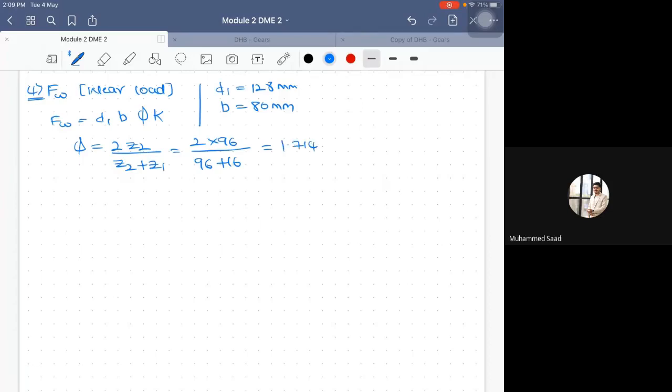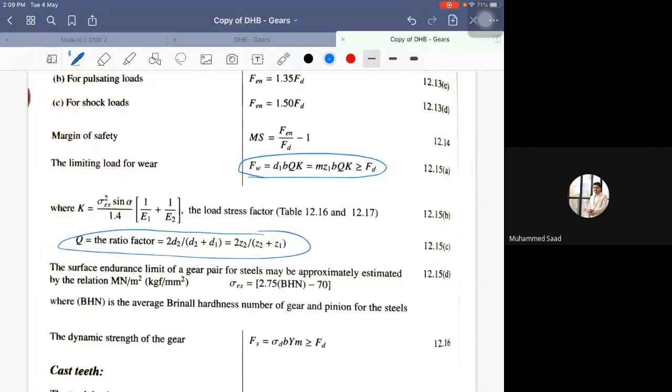1.714. That's great. Next, any information on this parameter K, just check. Here he has given, it is called the load stress factor. So you have to pick this particular expression.